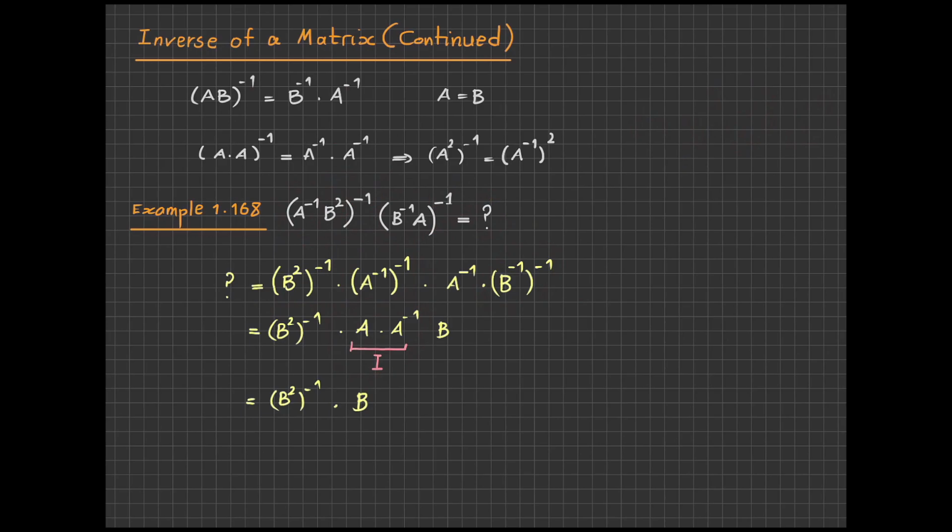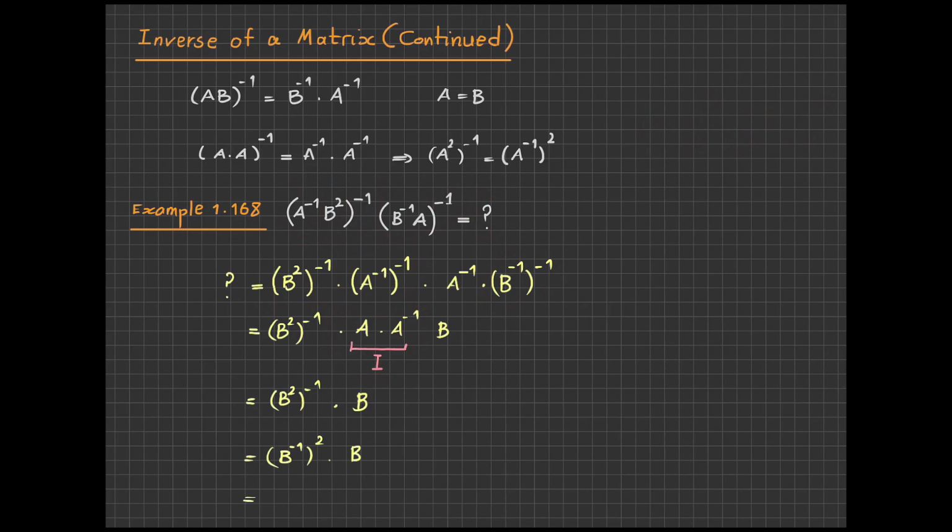Can I simplify this more? So how should I do that? Yeah, we just learned that we can interchange the role of power and the inverse. So I can write it as b inverse and then to power 2 and then multiplied by b.